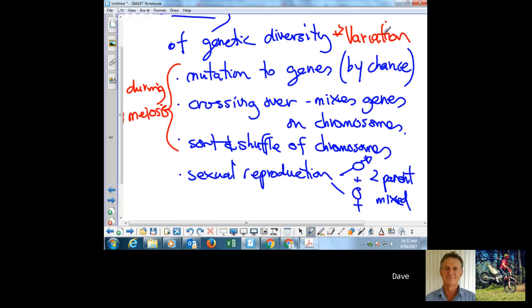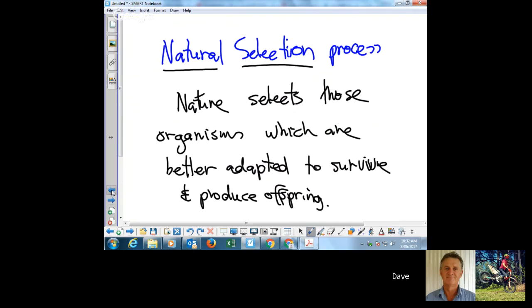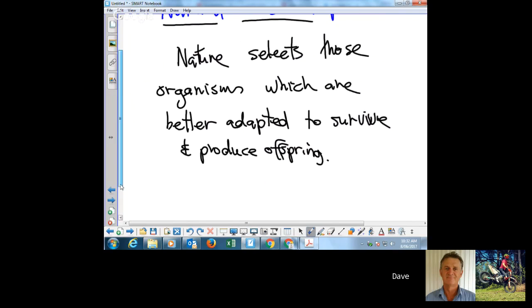All right. I just want to go back to our definition that I put up here. Nature selects those organisms which are better adapted to survive and produce offspring. Now, nature selects. When does nature do this selecting? When is this going to happen?